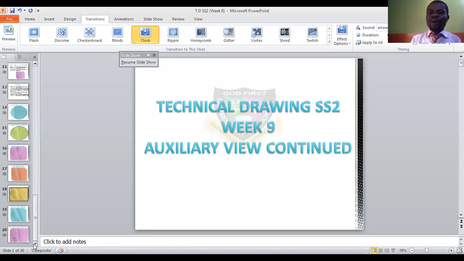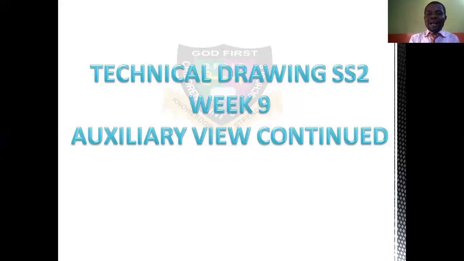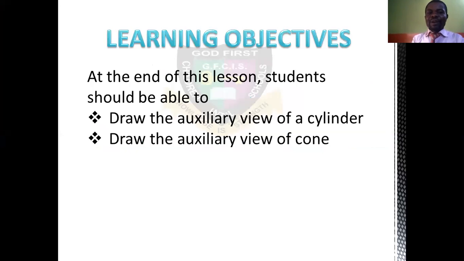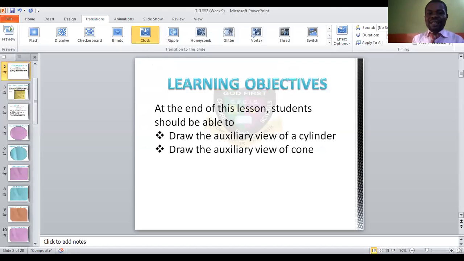You first of all use your set square. You use your set square for you to get the width. Then when you use your set square, you transfer what you are dealing with to the left-hand side.